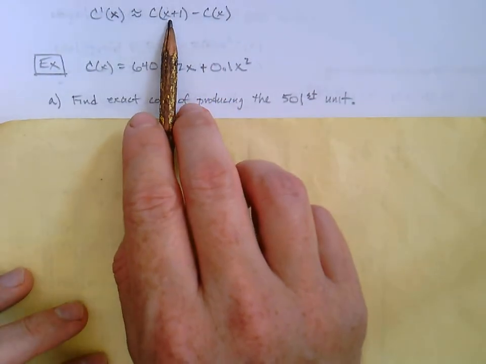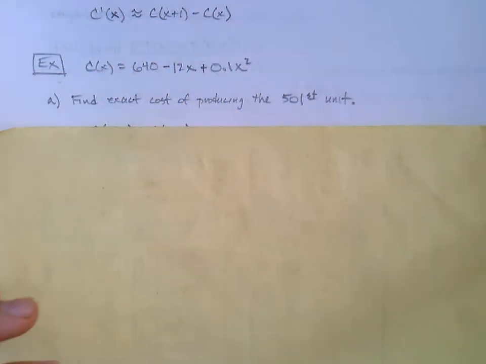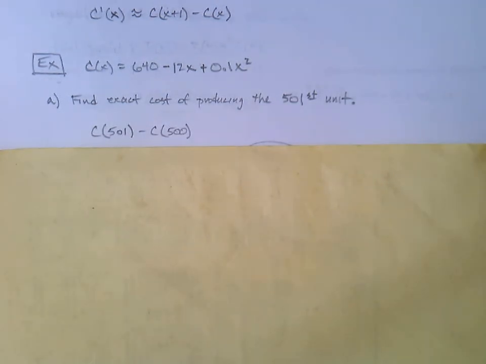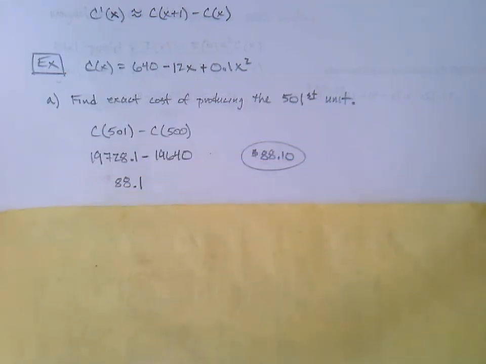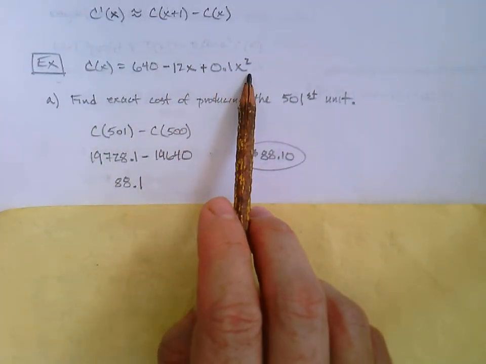So we're going to compute C of 501 minus C of 500. When we take that difference, that will tell us just the cost of that 501st unit. And that's not too hard to do. We can plug 501 into our function.